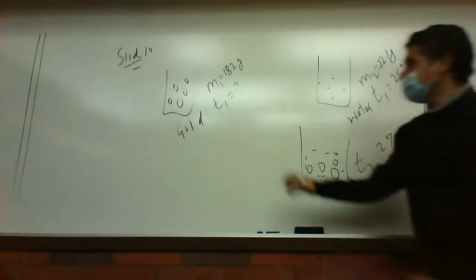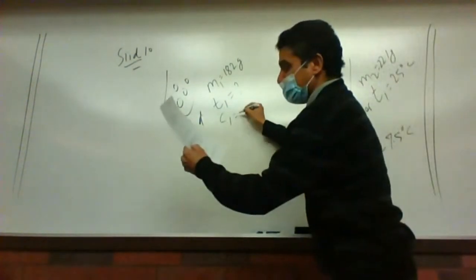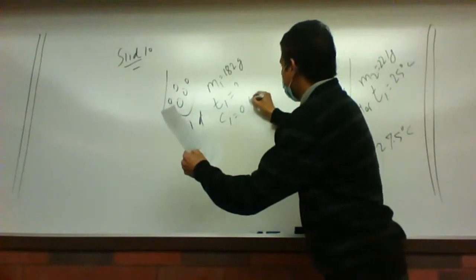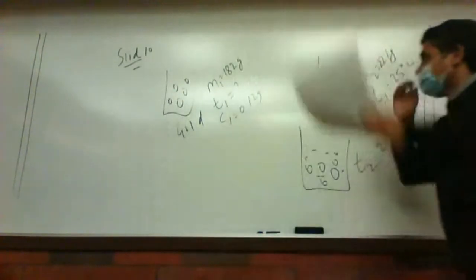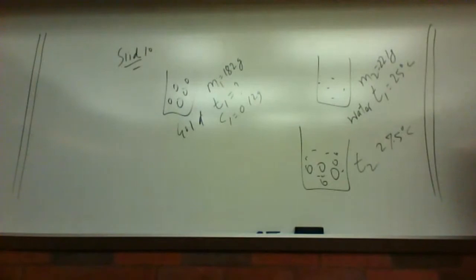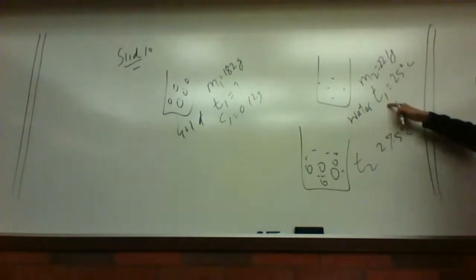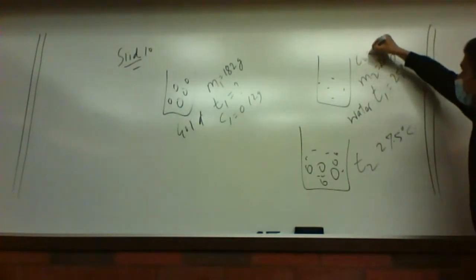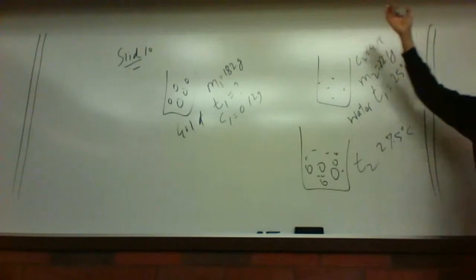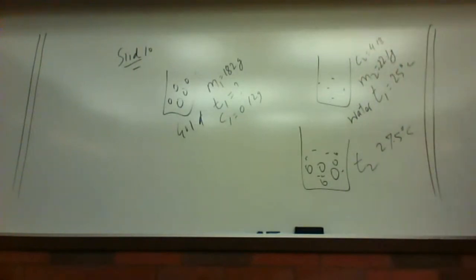And the specific heat capacity of gold is given as C1 equals 0.129 joule per gram per degree centigrade. And the specific heat capacity of this one, let's say C2, is always 4.18 joule per gram per degree centigrade, because that's the water, right?